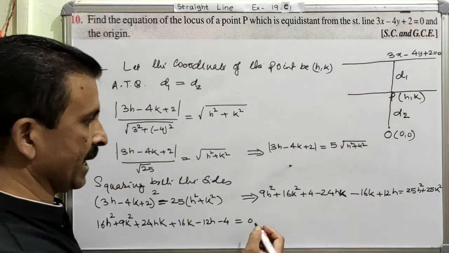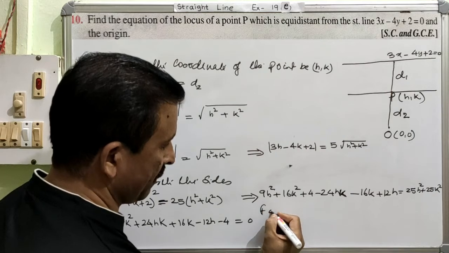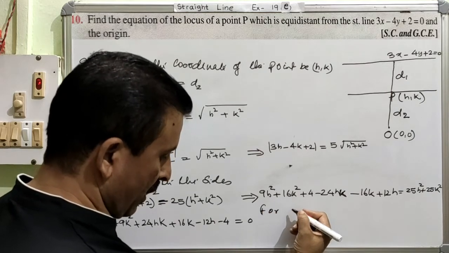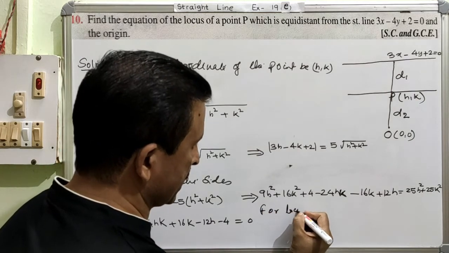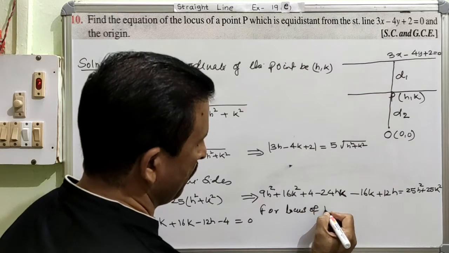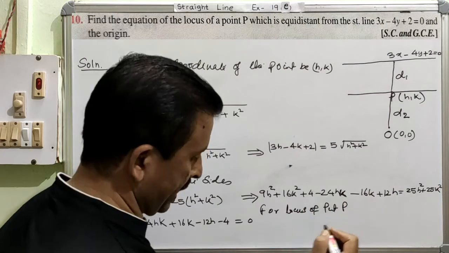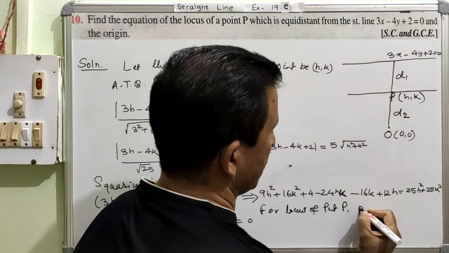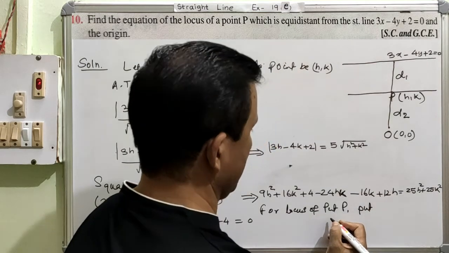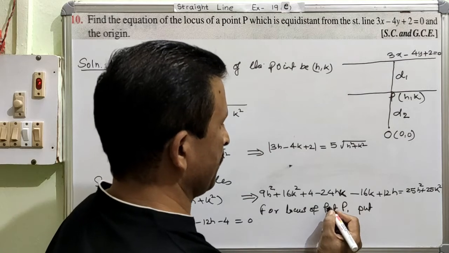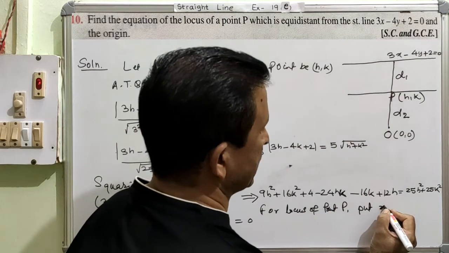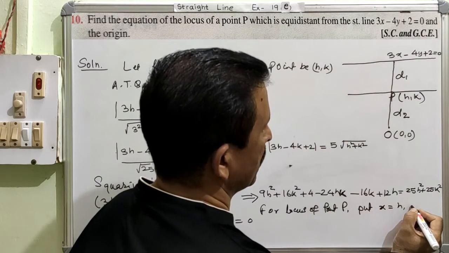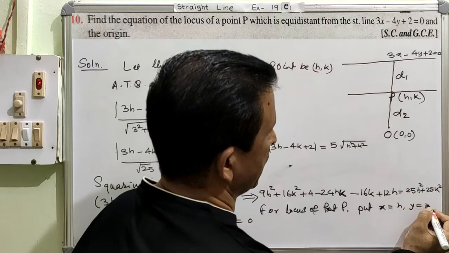So we will say here, for the locus of point P, put x is equal to h and y is equal to k.